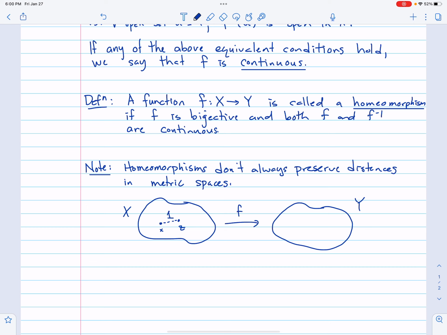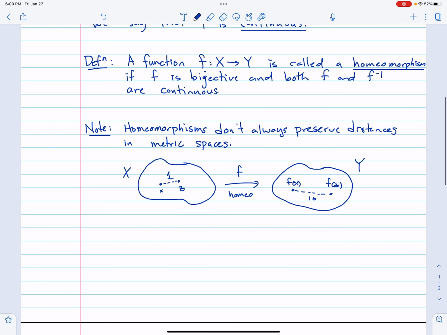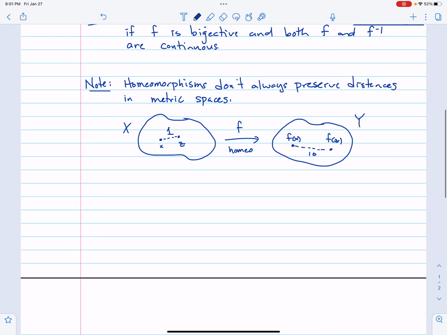Maybe f is a homeomorphism, but the point f of x and the point f of z might be distance 10 apart. Okay? So homeomorphisms don't preserve distances. They don't preserve the metric exactly. But they do preserve something else that is important. And to see what this is, here is an important note.